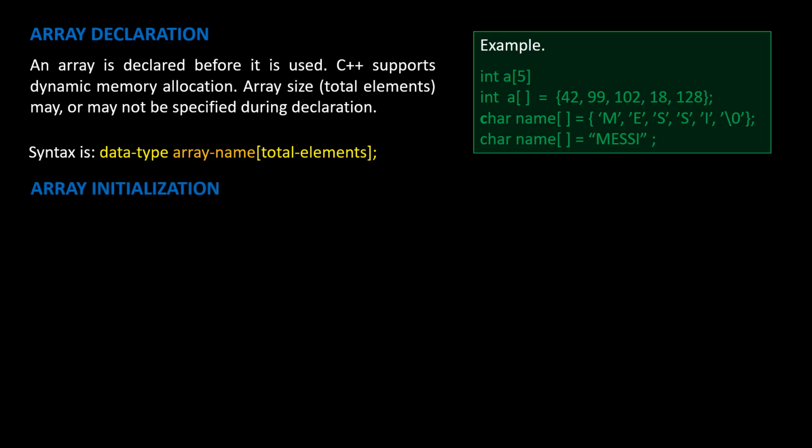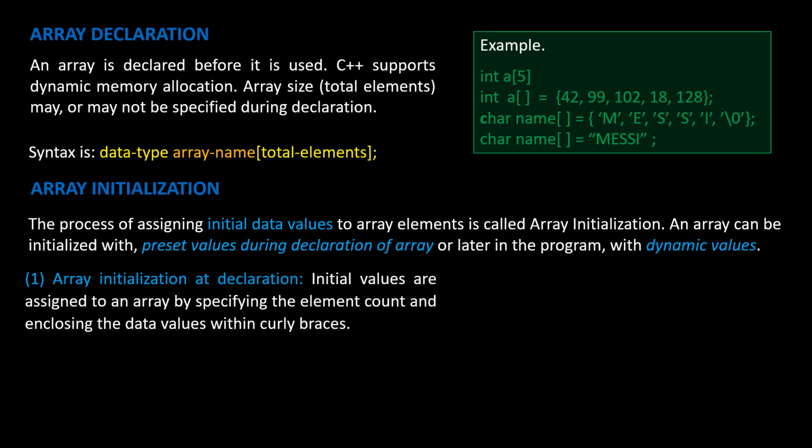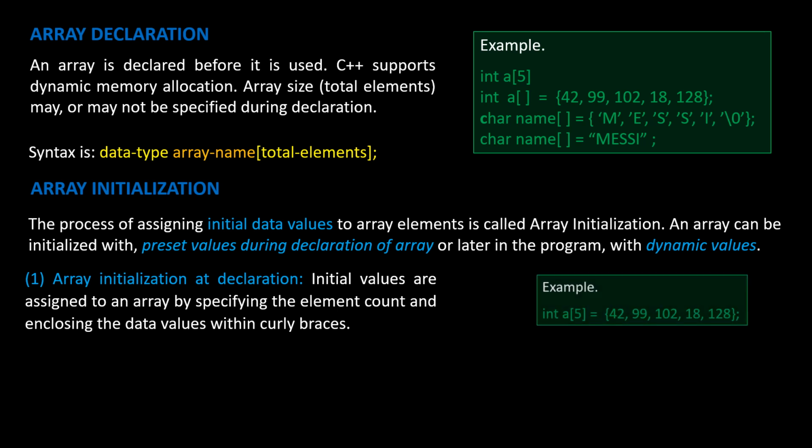Array initialization. The process of assigning initial data values to array elements is called array initialization. An array can be initialized with preset values during declaration of the array, or later in the program, with dynamic values. Number 1. Array initialization at declaration. Initial values are assigned to an array by specifying the element count and enclosing the data values within curly braces.